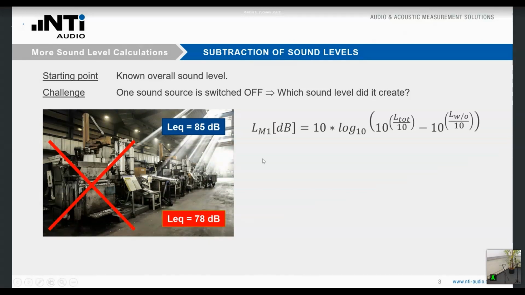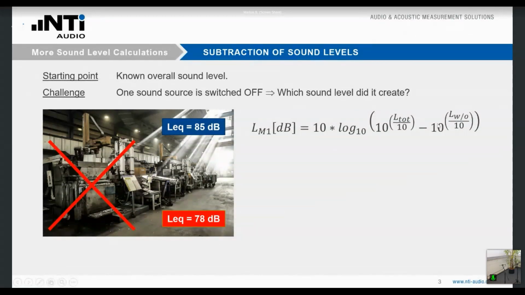All you need is to enter the corresponding values into this formula. Here on the left-hand side, we see the target, the level of this machine. And on the right-hand side, we have to enter the total level of the noise in this machine hall with all machines running, and the level in the hall with this one machine being switched off, so the level without that machine.